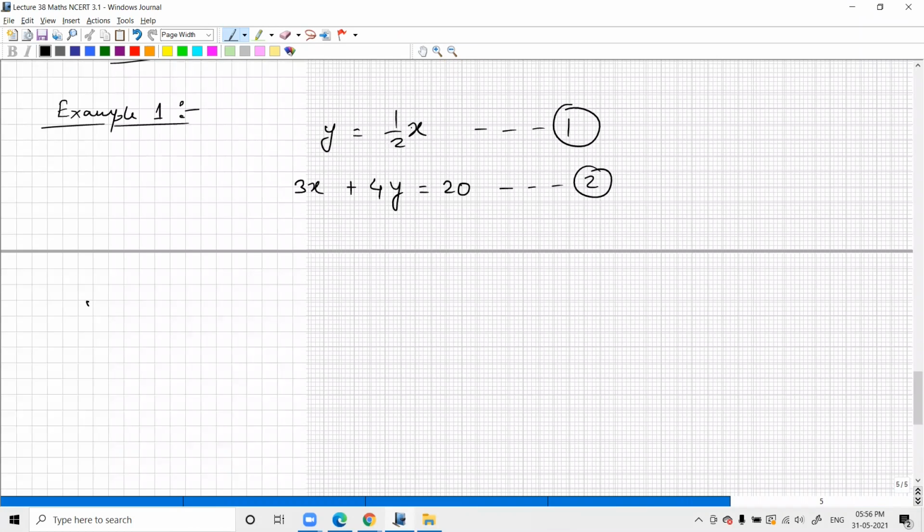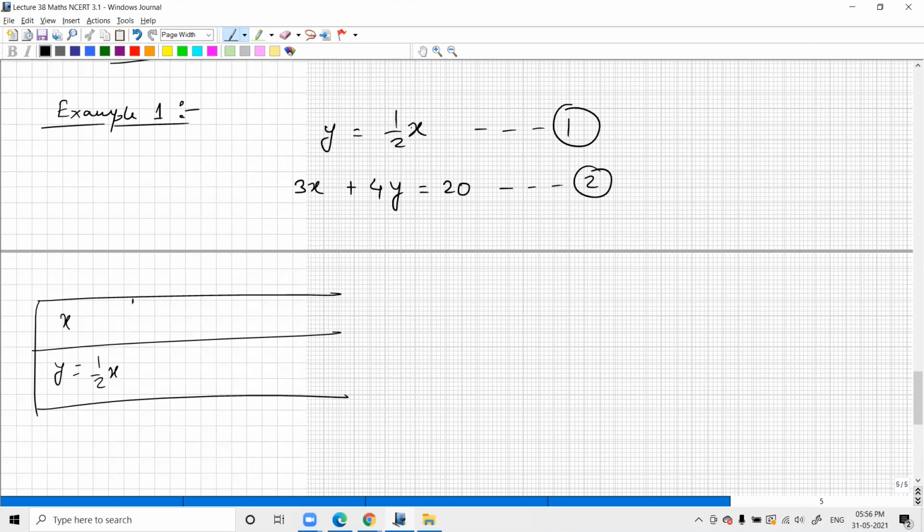For the first equation, y is equal to half of x. Let me draw the table of x and y, where y is half of x. I'll find only two values. Let's say when x is equal to 0, what will be the y value? 0. Yes, good, because when we put x equal to 0, y also becomes 0.